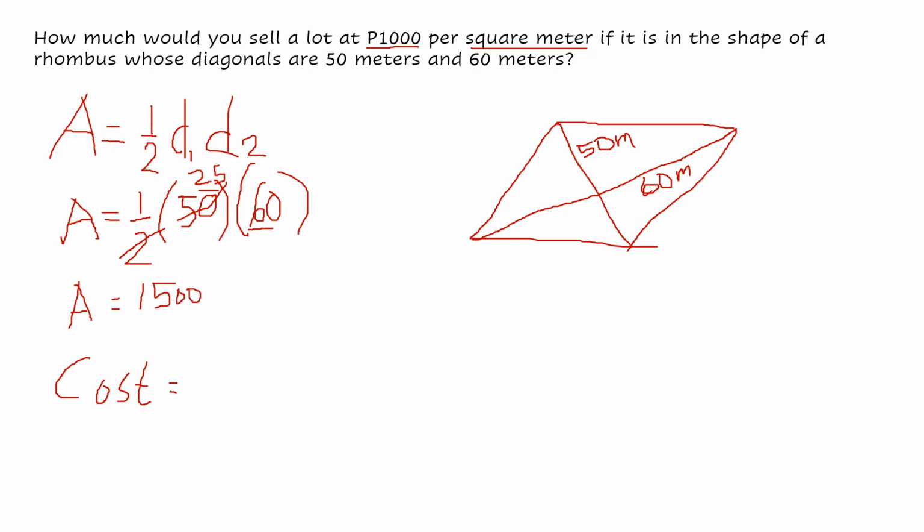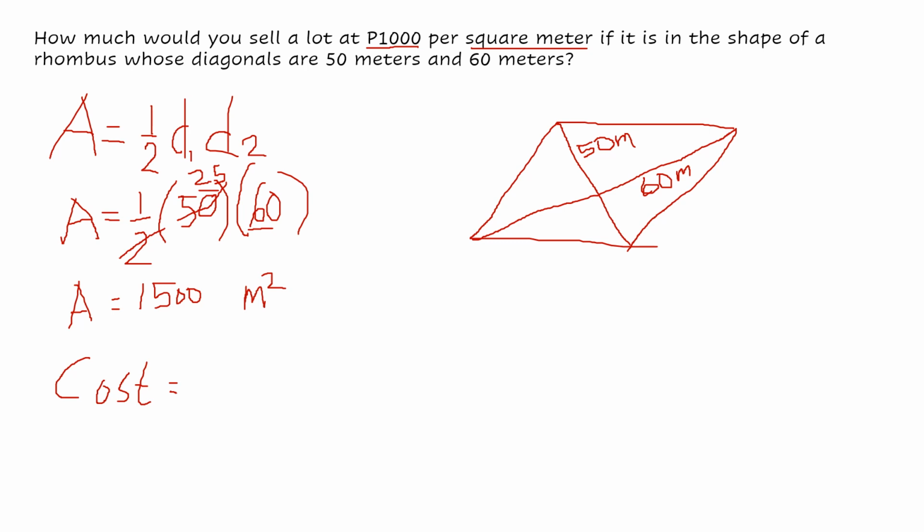So the area of the lot, which is in the shape of the rhombus, is 1,500 square meters.